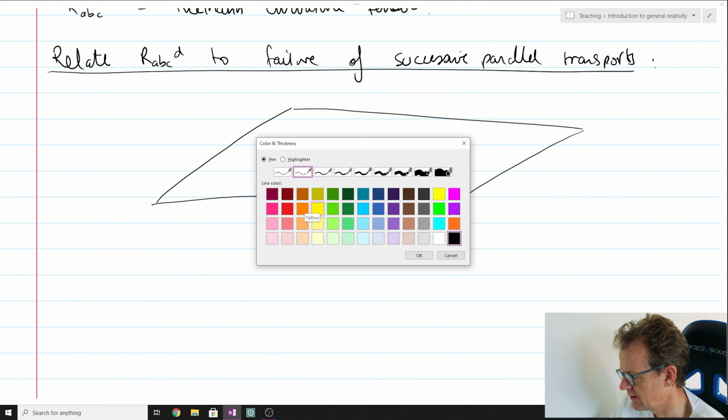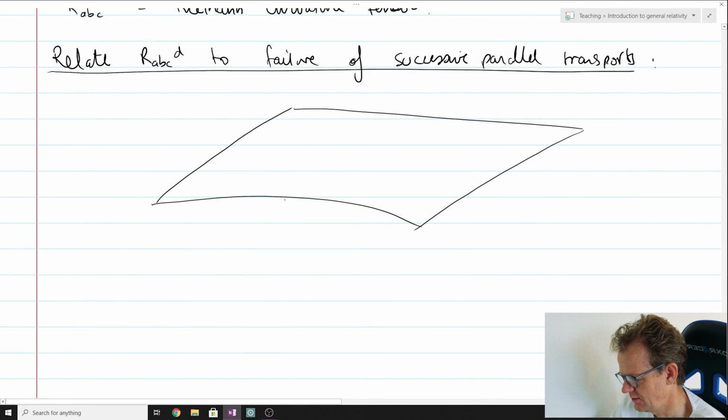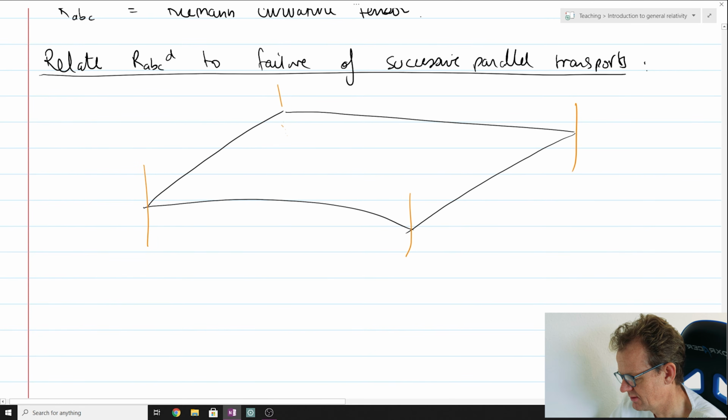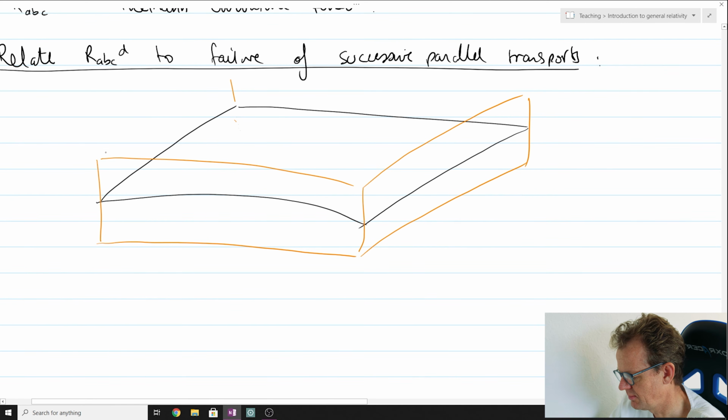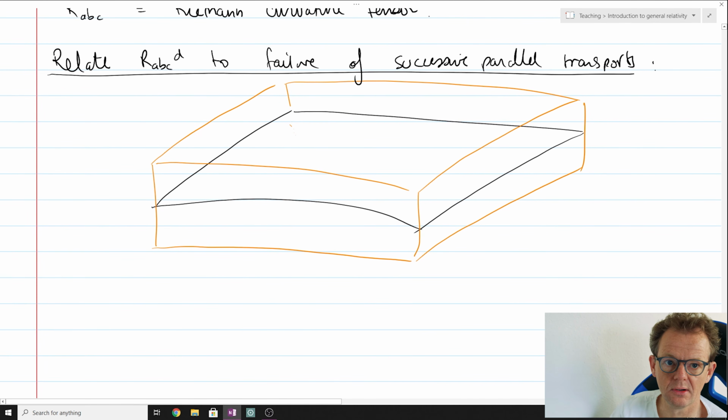So we'll put a slightly orange. Now, what you've got to imagine here is that we've got a manifold M, which I've now drawn as a three-dimensional manifold. For the next part of this argument, it's important that you think of the manifold as being higher dimensional than just one.